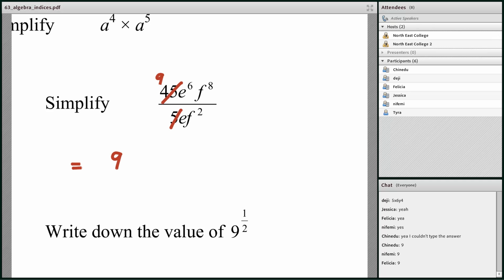Is that all right? So the first thing you can do is 5 times 1. Is that all right?